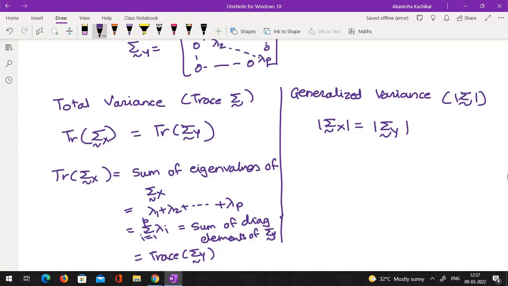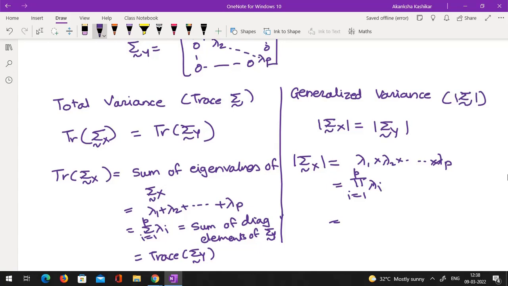Now the generalized variance. What do I know about determinant? Product of eigenvalues. Okay, let me use that definition first. Determinant of sigma x by that definition will be lambda 1 into lambda 2 up to lambda p, so this is the product over i going from 1 to p of lambda i.